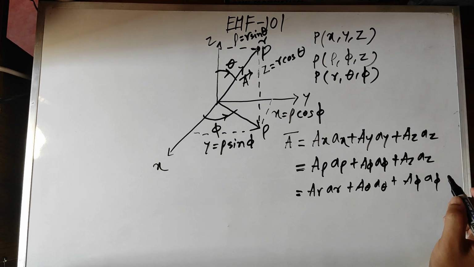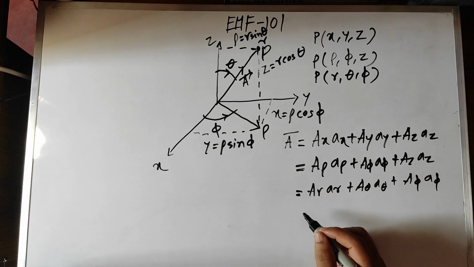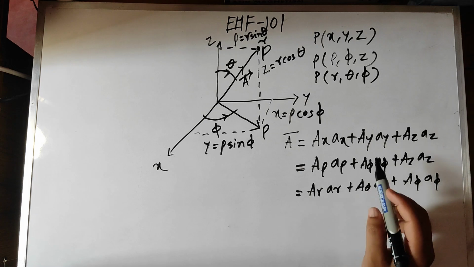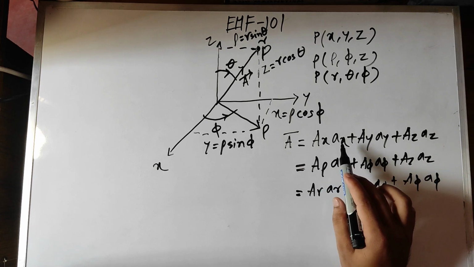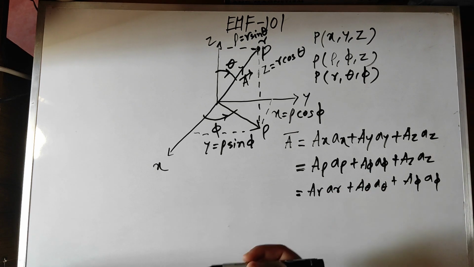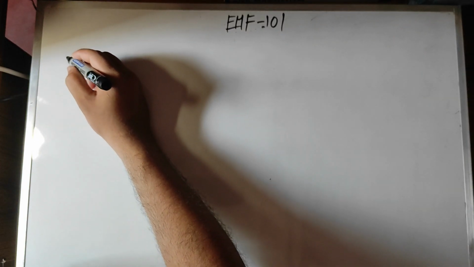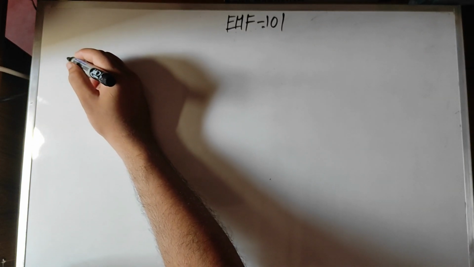Now in terms of a full vector, if we want to transform a vector in the Cartesian system to a vector in cylindrical or spherical and vice versa, how would we do that? Say we want to transform vector A in Cartesian to vector A in cylindrical form.